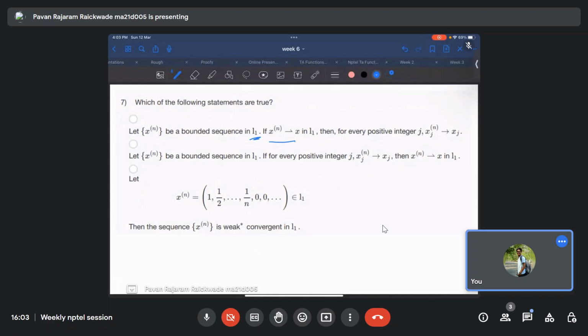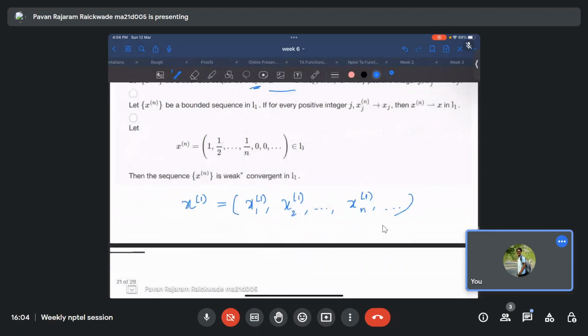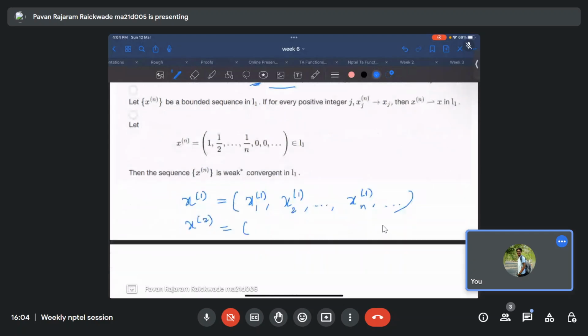So what they are saying is simply Xn is a sequence. Like X1 is this sequence, X11, X12, and so on, then X2 is this, X21, X22. This is how we have the sequence Xn.